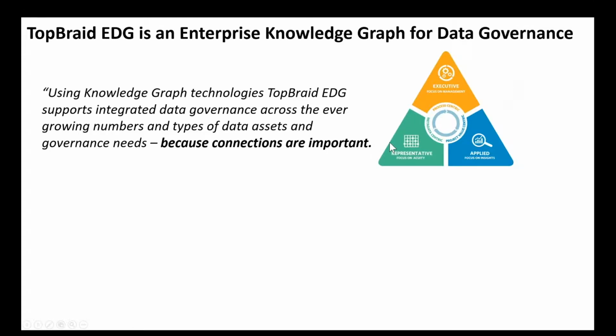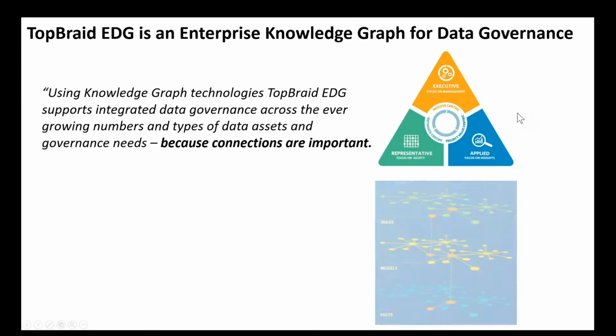Representative concerns encompass the large and growing number of information asset types and their properties, et cetera. The applied focus, this is really the bottom line, the business reasons for doing data governance, such as analytics, lineage, or regulatory compliance and other things. All of these aspects must be connectable. Fortunately, these requirements are a very good fit for knowledge graph technology.